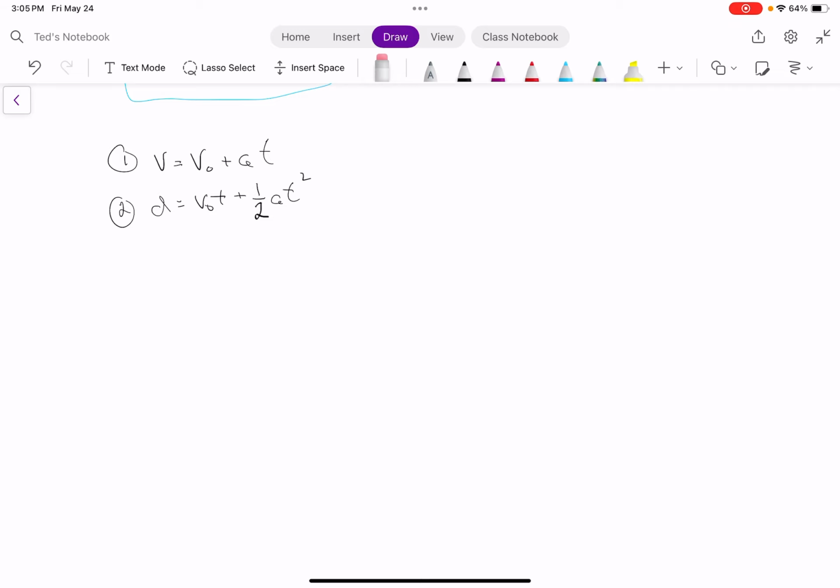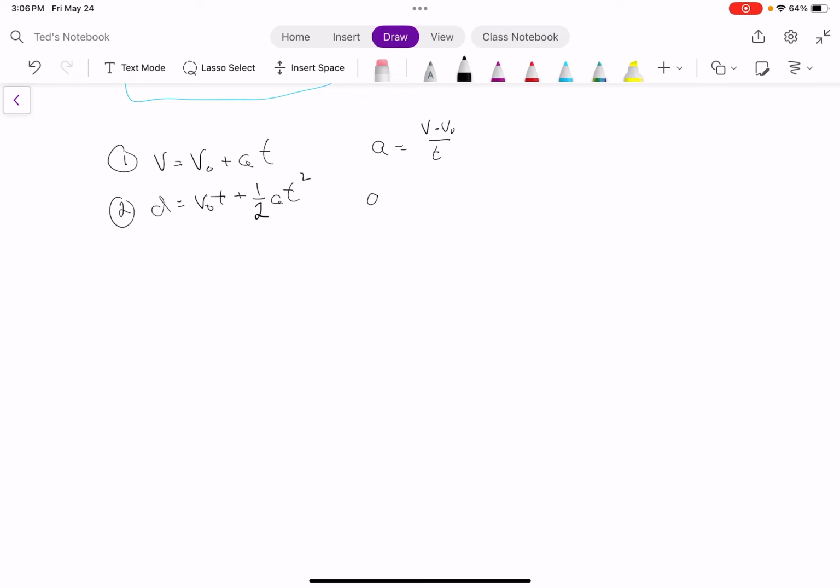I'm going to just do some algebra, because oftentimes it's helpful to combine these equations in different ways. So the first way I can combine these two equations is to solve the first equation for acceleration, and I get that acceleration is equal to v minus v0 over t, and I can substitute that into the second equation.